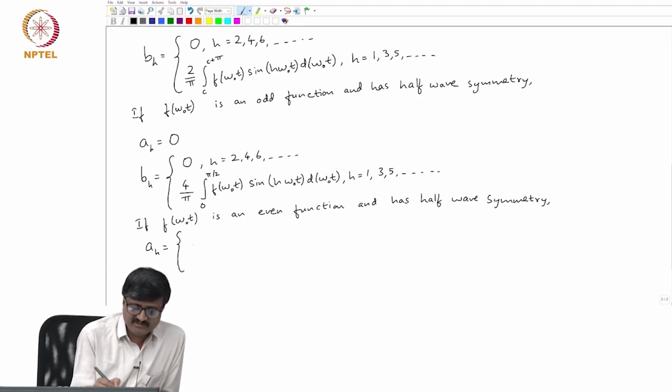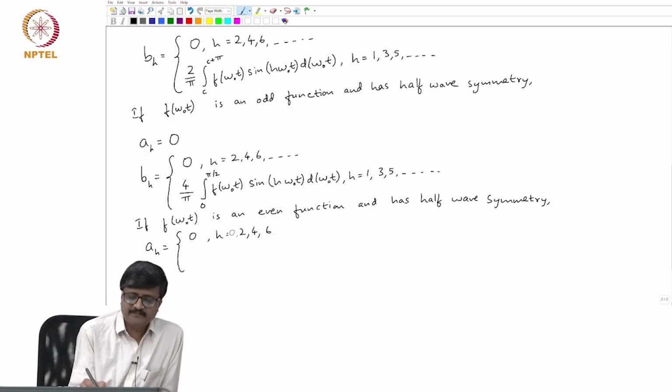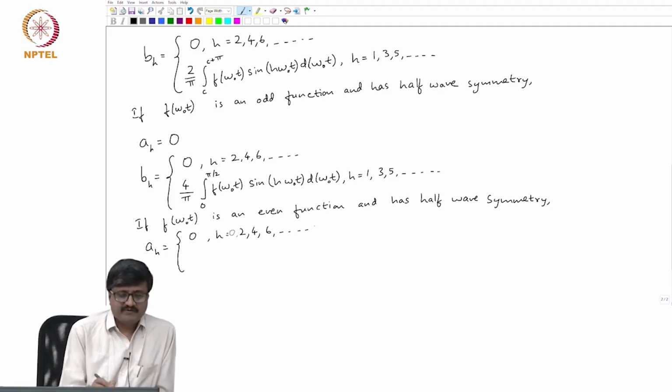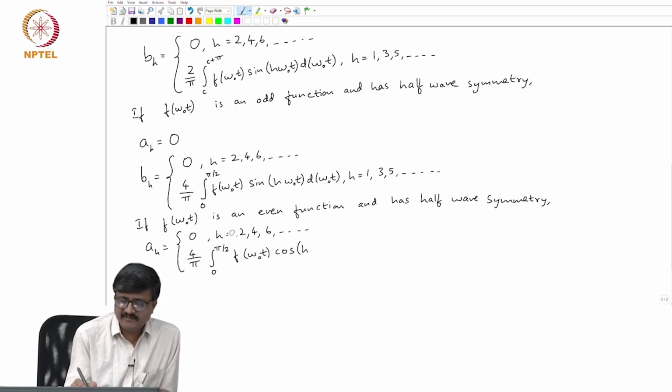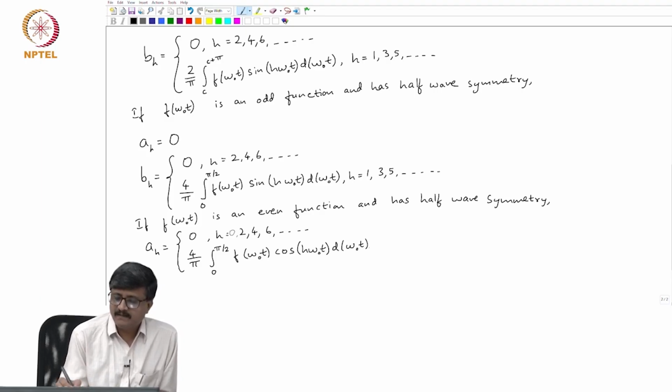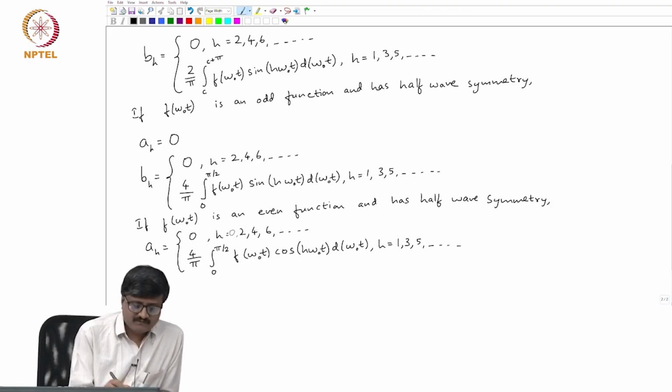So, a h has two expressions, one is 0 when h equal to 0, 2, 4, 6, and so on, and for odd values of h, it is 4 by pi integral 0 to pi by 2 f of omega o t cos h omega o t d omega o t for h equal to 1, 3, 5, and so on, and for all values of h, b h is 0.